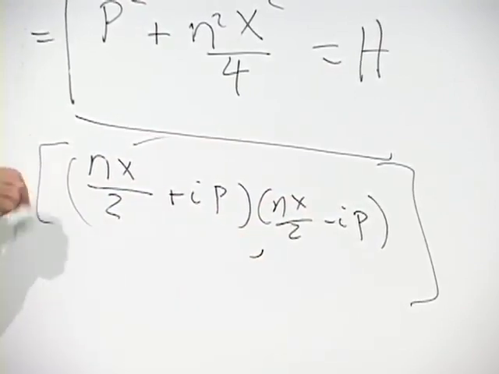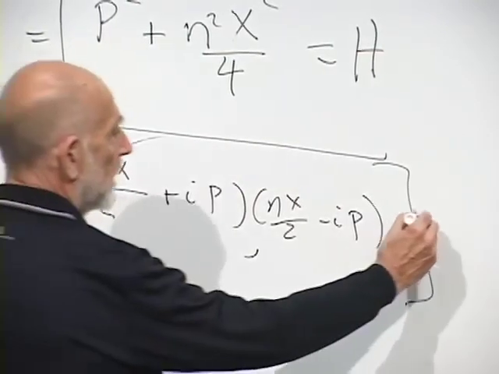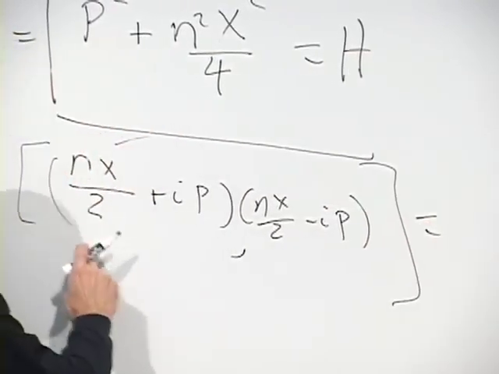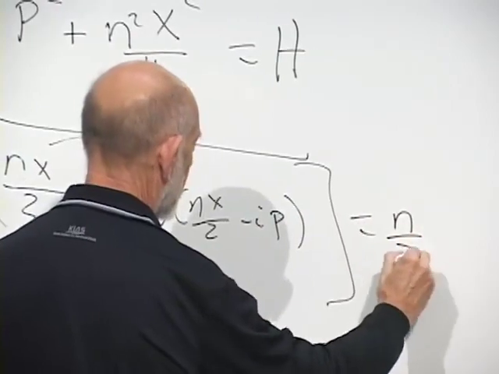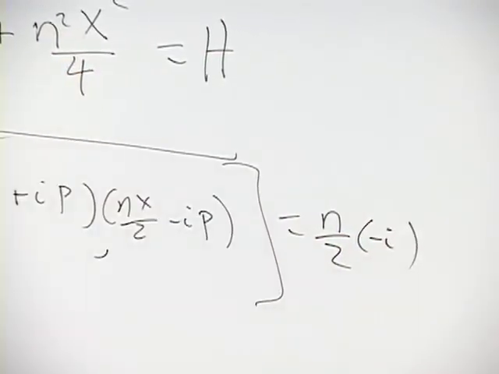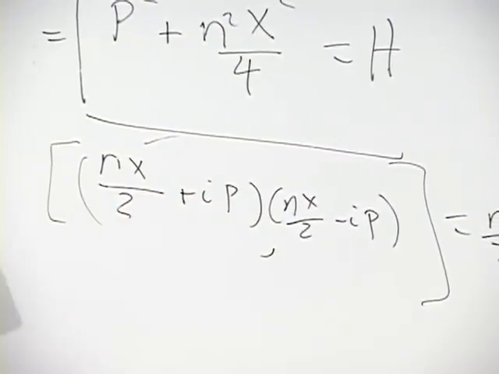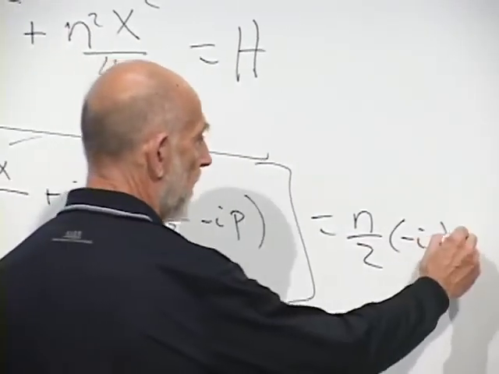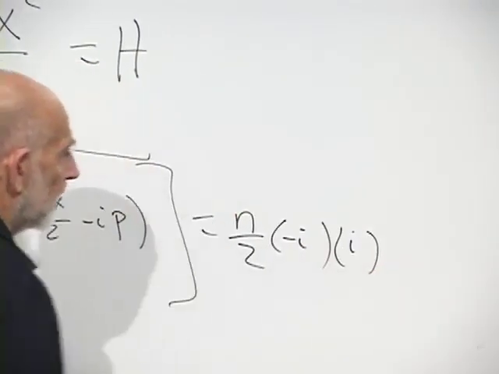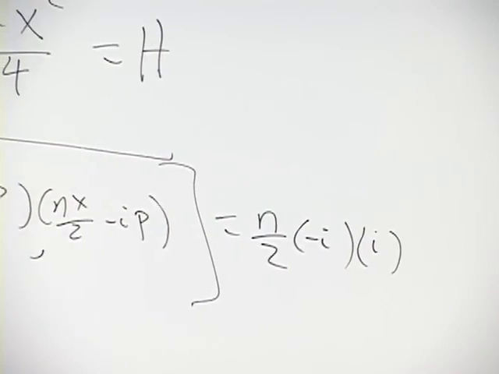If we just look at the first cross term here, that will give us n over 2. It'll give us a minus i from here. But then the commutator of x with p is plus i, so that gets multiplied by plus i. Altogether it makes it just n over 2 so far.